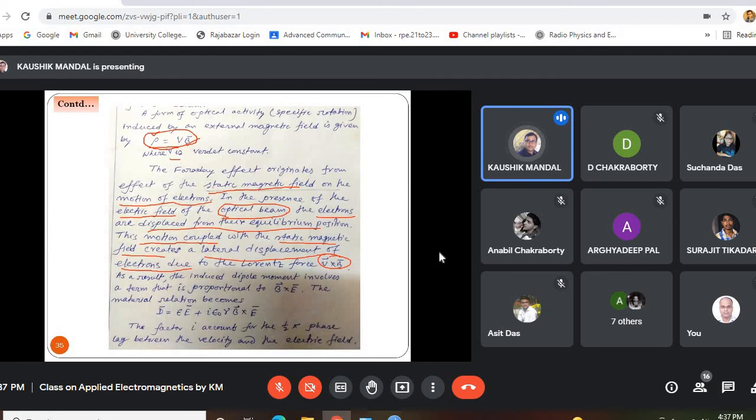Depending on this Lorentz force V cross B, due to the velocity of electrons and under the influence of the static magnetic field, there will be displacement of the electrons from their equilibrium positions. So following the Lorentz force equation, we can say that if the electromagnetic wave or light wave propagates under the influence of a magnetic field, there will be a displacement of the electrons from their equilibrium position. That is the main point.